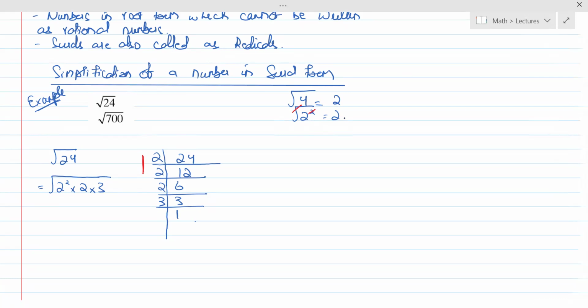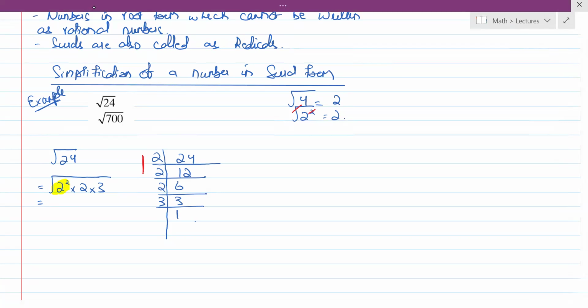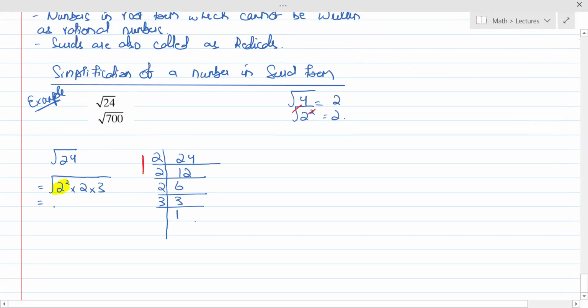This 2 having the square would cancel the root on itself and come outside the root, so this can be written as 2 under root 2 and 3. Now the remaining factors 2 and 3 inside the root cannot be simplified or taken outside the root. So they remain inside the root and get multiplied. So the final answer is 2 under root 6. This is how we simplify a number in surd form.